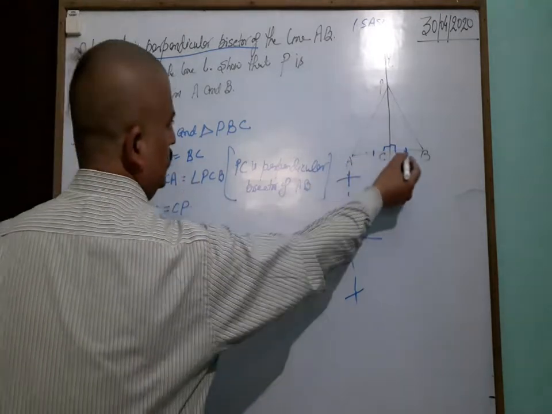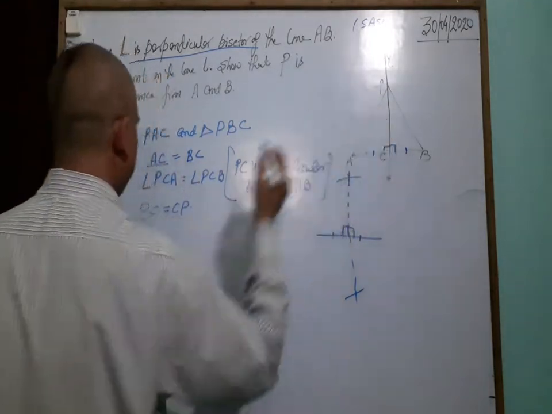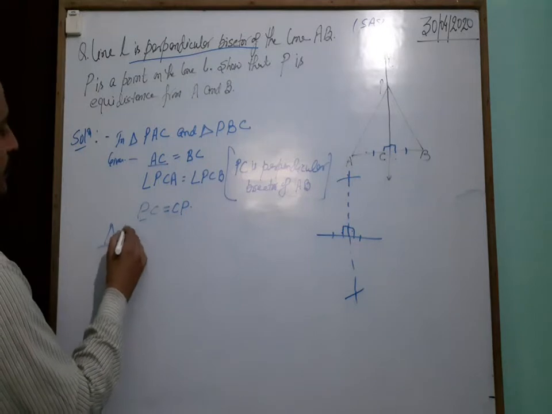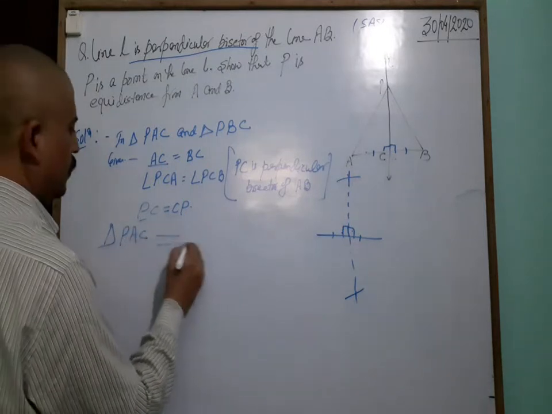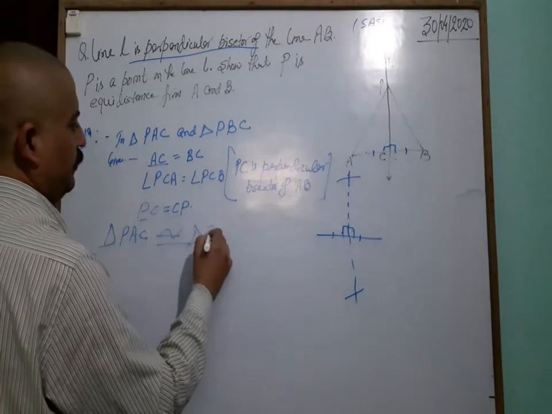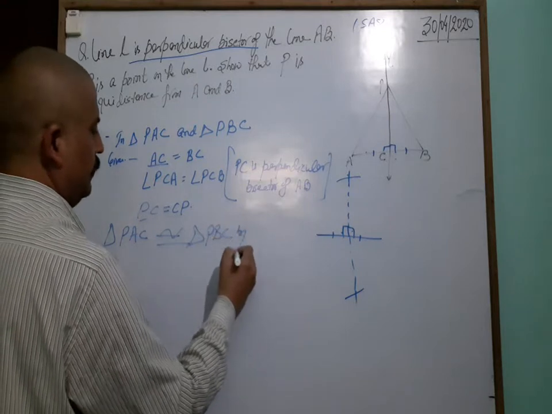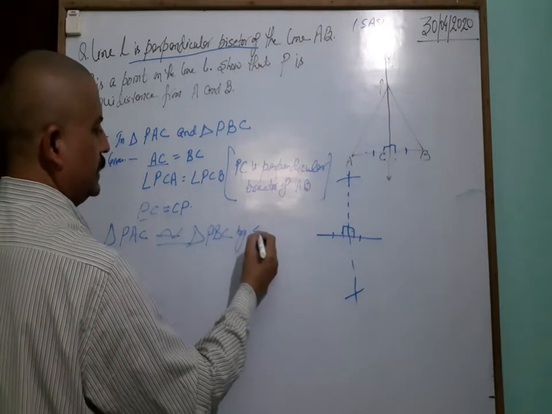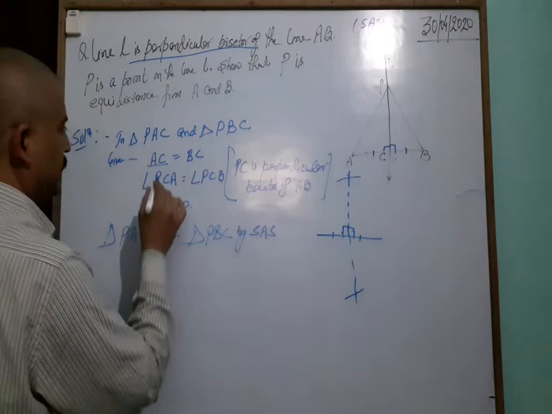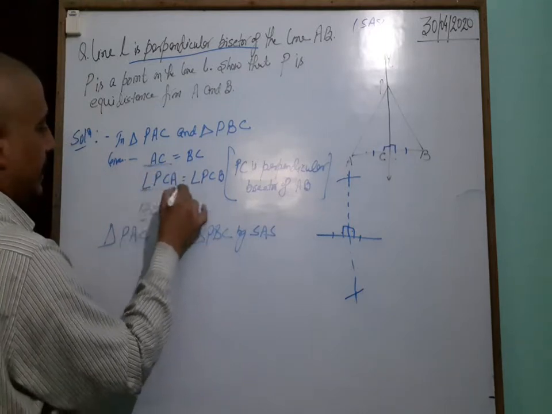Side, angle, side. So triangle PAC is congruent to triangle PBC by the SAS category.